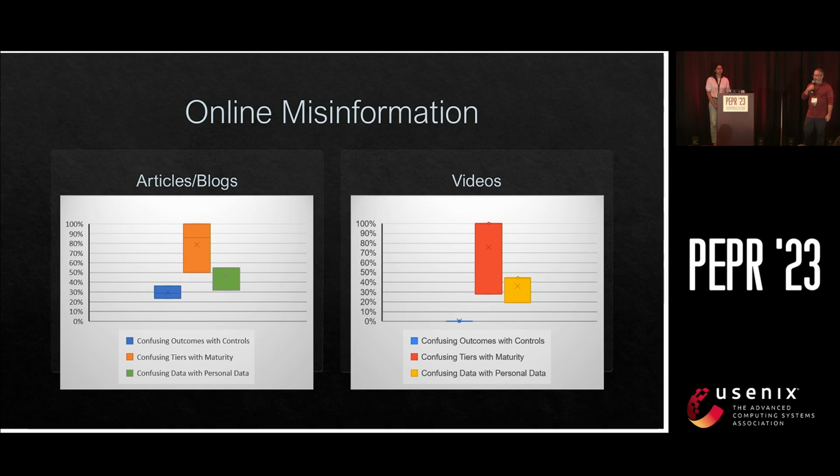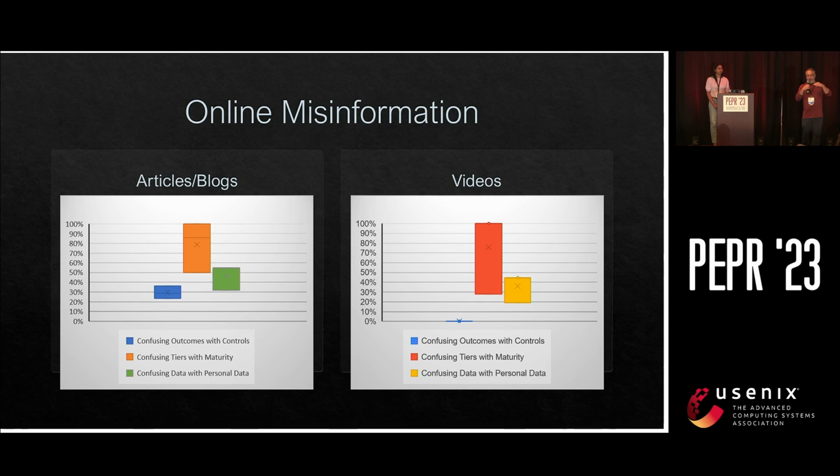Okay. So we actually did a quick study of a bunch of articles and a bunch of videos, about 40 videos reviewed and about 50 or so articles, to try to find this conflation. As you can see, the biggest misunderstanding was this tiers and maturity level. There was some misunderstanding about outcome controls. Now, this being said, a lot of the articles didn't mention or couldn't be read as misunderstanding that.